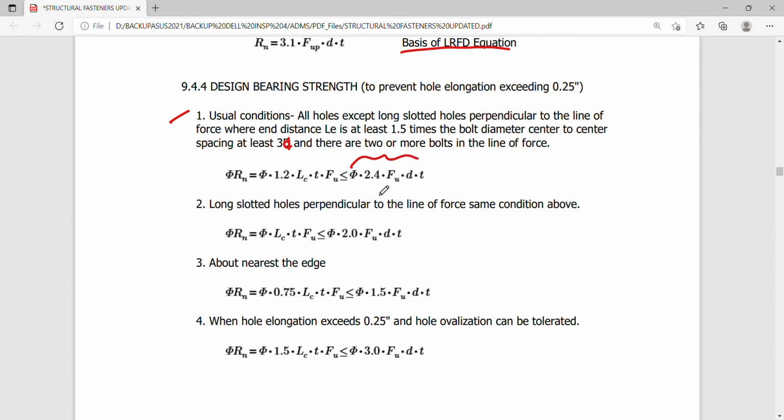It cannot exceed this 2.4, double of what is this one here, no? So this FU times D, okay? Not double because this is dt and this is 1.2 LC. Relating it to D is not equal.